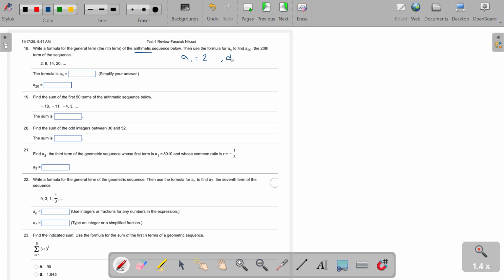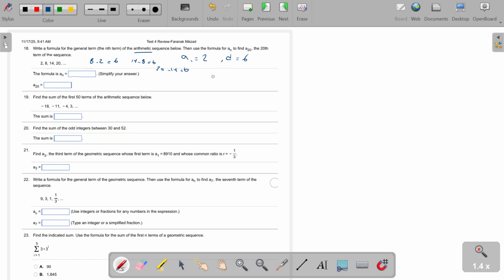To find the D value, you're going to subtract the terms and write 8 minus 2. So the next term minus the previous term is going to be equal to 6. You can try other terms as well: 14 minus 8 is 6, 20 minus 14 is also 6. So that tells you that the common difference is 6.